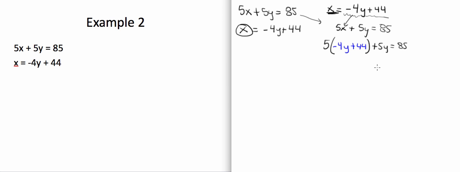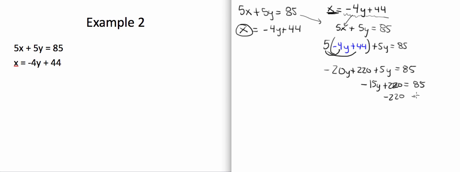Now we need to use the distributive property, and we end up with negative 20y plus 220 plus 5y is equal to 85. The only variable we have is y, so we solve for y.